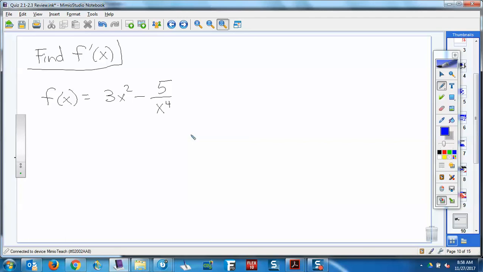If it does not say use the definition of derivative, then you are using the shortcut.